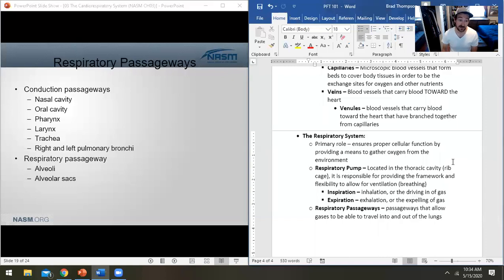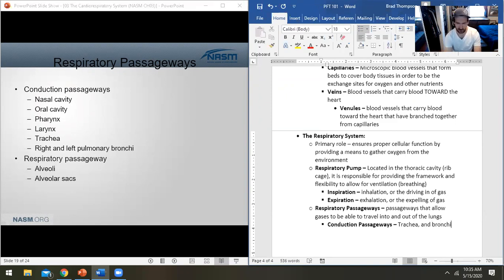And then you've got the actual respiratory passageways, which is your alveoli and your alveoli sacs, right? So your conduction passageways are things like your trachea, and bronchi, which are those main tubes.